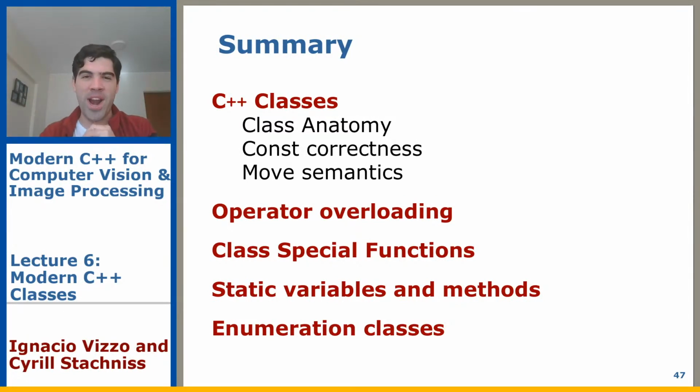Okay, 1 hour. So that was a lot of information. Most likely, the summary is that we saw the basic anatomy of C++ classes, how to work with const correctness and move semantics. Again, it's impossible that you actually learn this in 1 hour. So this is basically a pointer. After this lecture, you probably don't even need to rewatch the lecture, but you should know what you should be looking for.